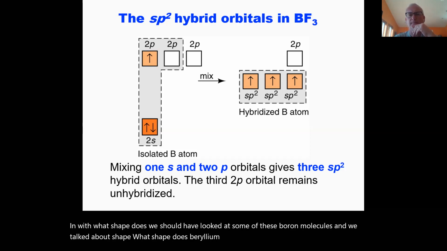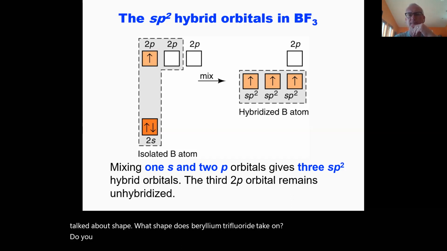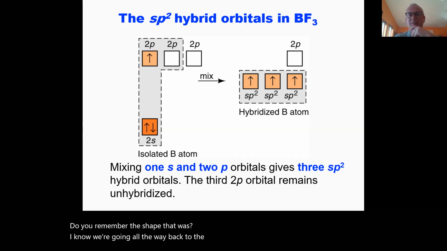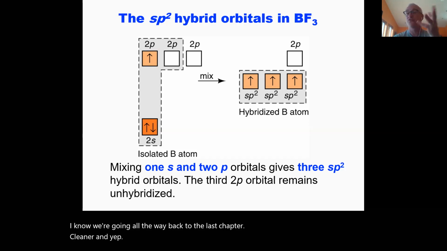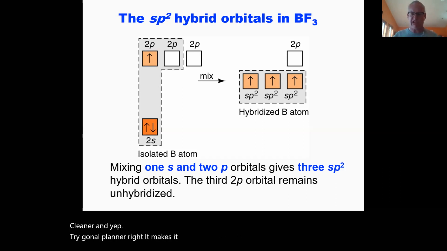Do you remember the shape? I know we're going all the way back to the last chapter. Would it be planar? Trigonal planar, right. What's a fancy way of saying triangle. Yeah, it makes a triangle.